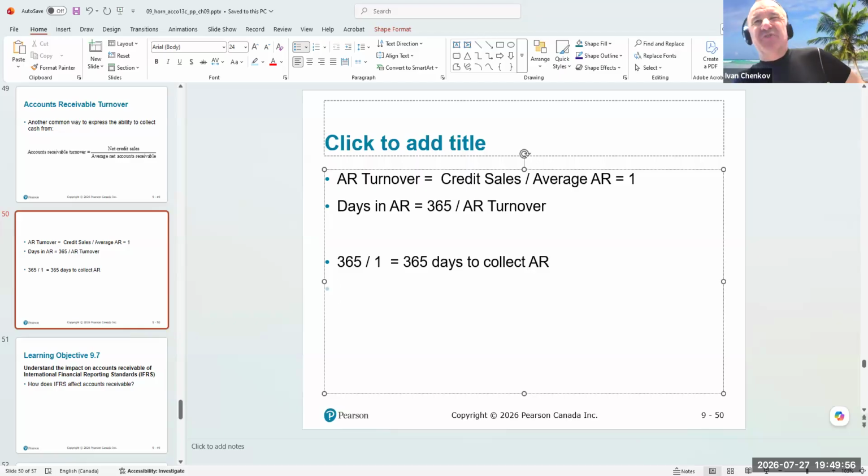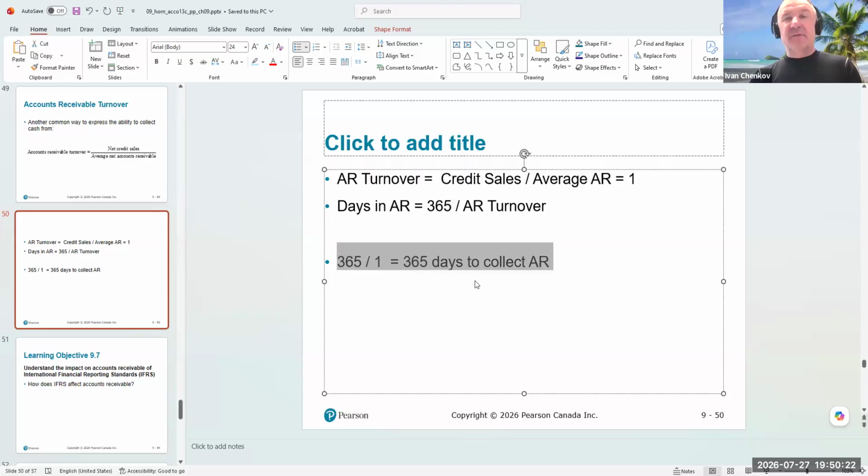Is that a good turnover ratio? Definitely not. So where do you want the accounts receivable turnover to be? As high as possible. If you want the days to collect the accounts receivables to be 1 day, that means your turnover should be 365.